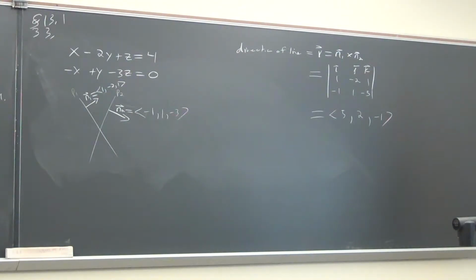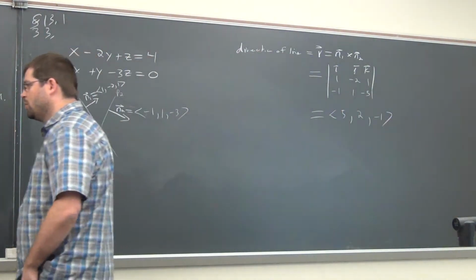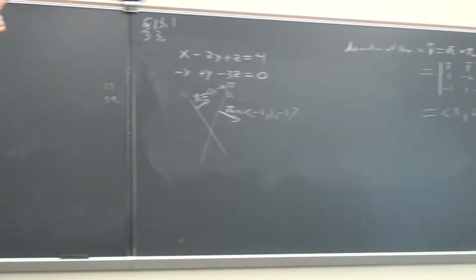All right, so that's your direction. You're supposed to come up with an equation of a line. So what things do you need to get the equation of a line? You need the direction, and you also need a point. So I've got a line and it points this way.